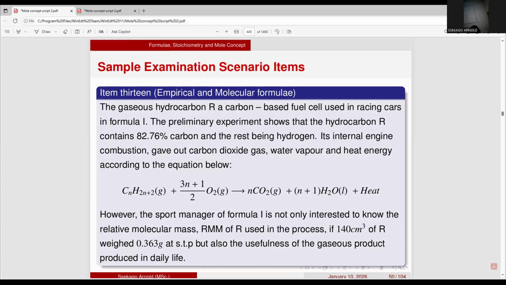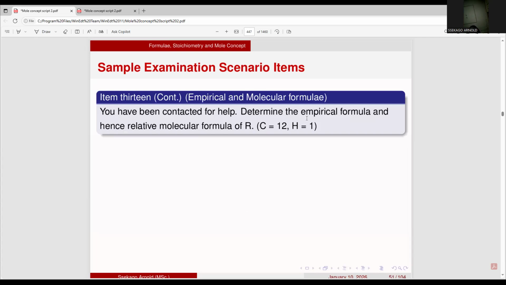So this information is on molecular mass, and once we have information on molecular mass, you have to know that if they task you to determine the formula, here we are lucky, it says determine the empirical formula and hence molecular formula of R. But if it just says determine the formula, then you must determine the molecular formula because you have information on relative molecular mass. I stressed this out in the previous item and I am also re-echoing it here.